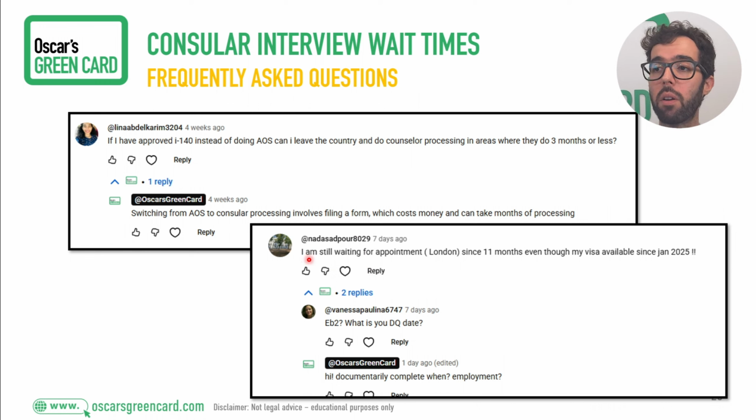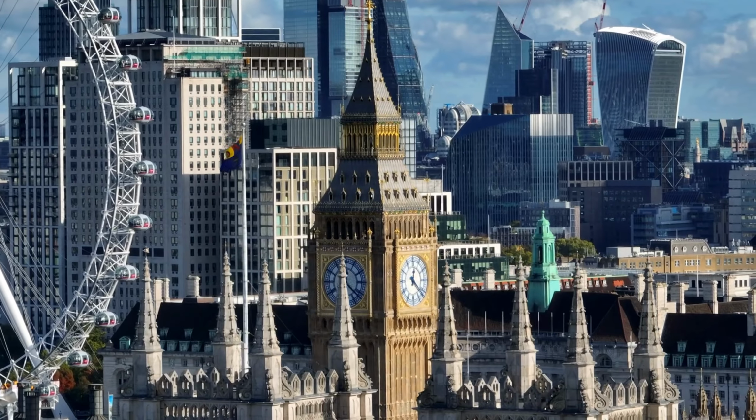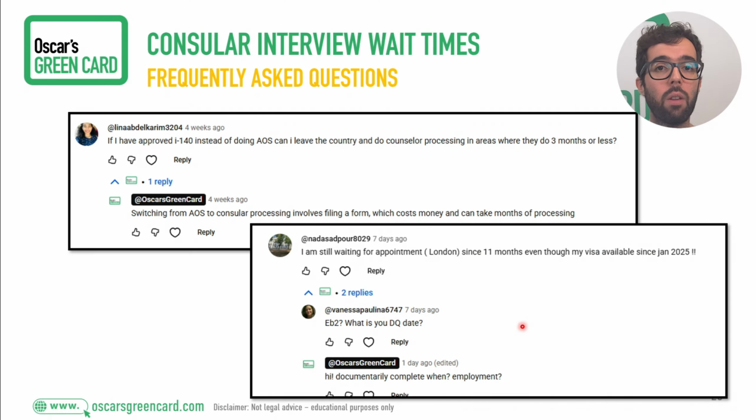We have one person saying that he was still waiting for an appointment in London, 11 months waiting, even though the visa was available since January 2025. However, we don't know what category, if it's employment or family or what it is. And also we don't know what the DQ date was. That is also important to estimate if the wait time this person is reporting is actually in line with the numbers that we are seeing on the website.